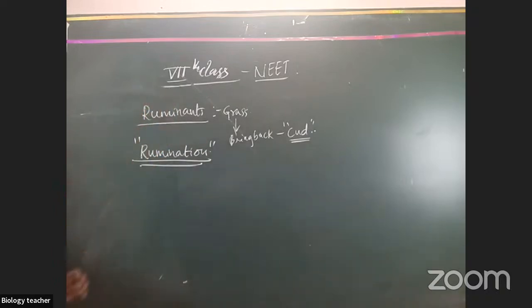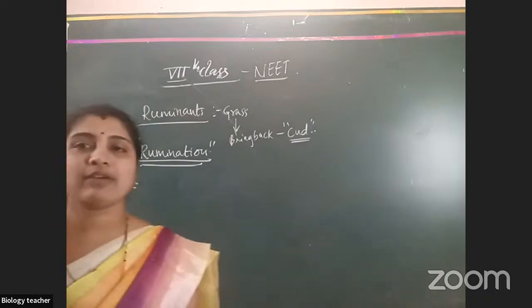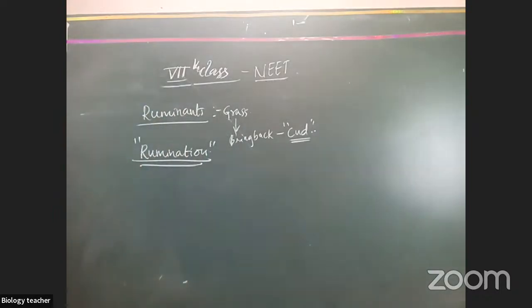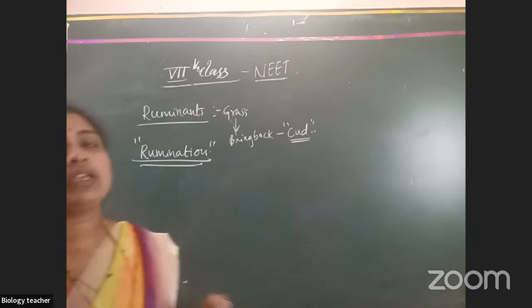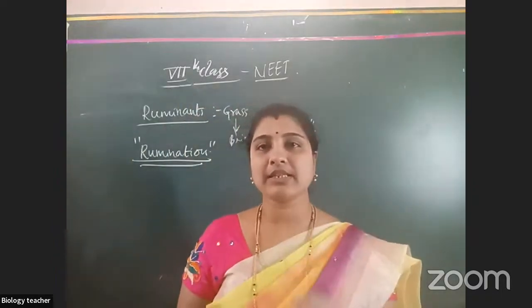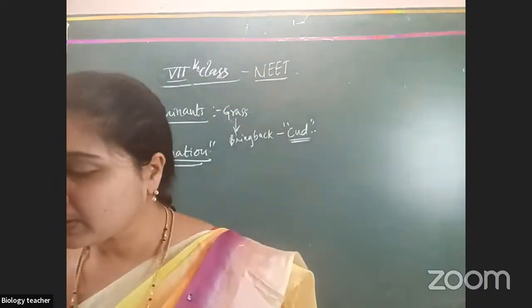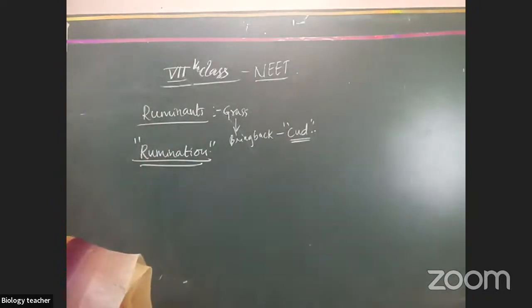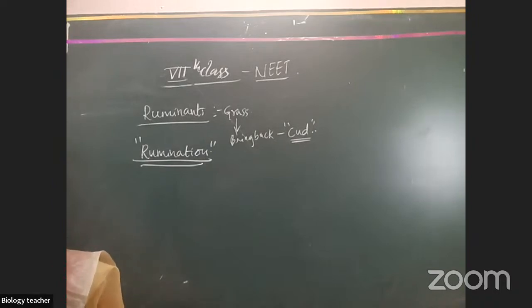In our body, the small intestine contains 3 parts. Like that, in the body of ruminants, they also contain 3 parts. Let us write that one.